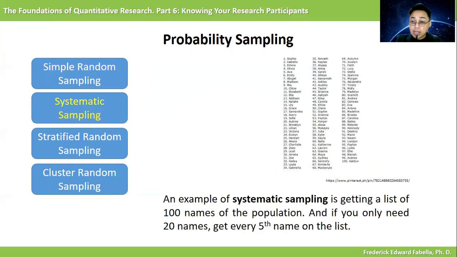In systematic sampling, you can get, for example, a list of your population. Let's say you have 100 names. And if you only need 20 names, you can get every fifth name on the list, thereby producing a sample of 20. So that is systematic sampling.